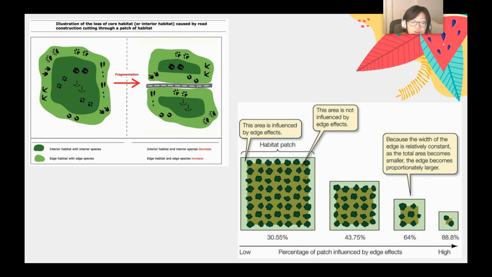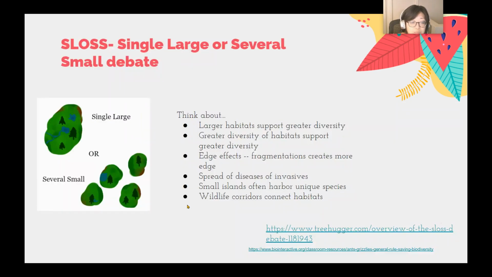And just the law of surface area to volume ratio applies here too, where the smaller the habitat, the greater the proportional surface area, which in this case is the edge perimeter. So that's what happens as a result of fragmentation. Based on that, having many small habitats will be disadvantageous to some of the species that live in the interior.